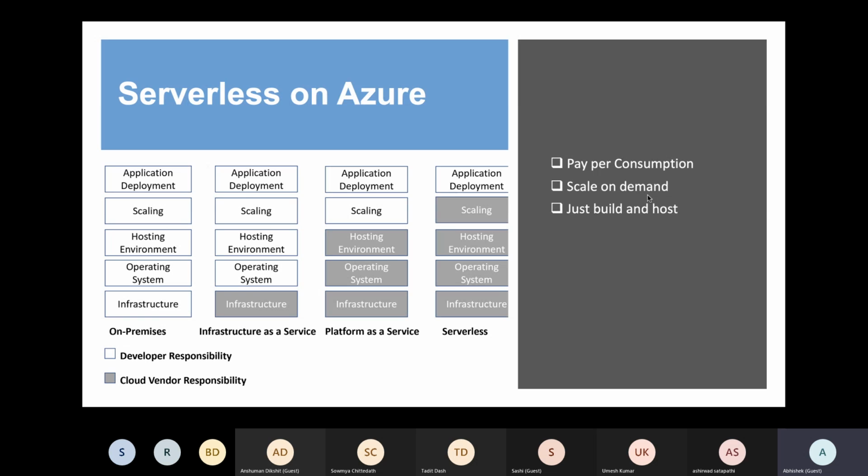Assume that on Friday, the requests become 3 times. Whenever the requests become 3 times, the underlying platform will spin up multiple instances automatically, without your intervention, and it will start managing the incoming traffic or the incoming requests. That is why we call it scale on demand.